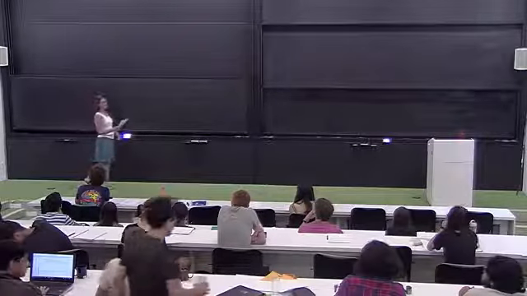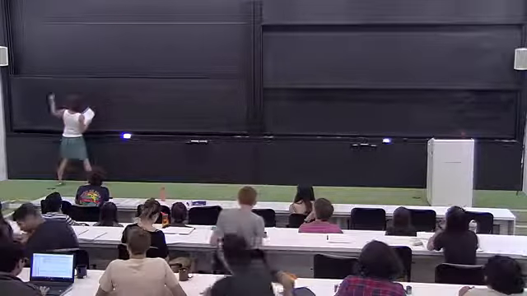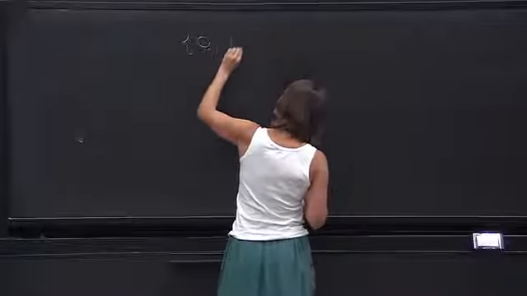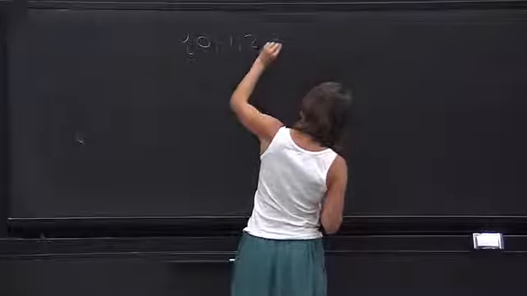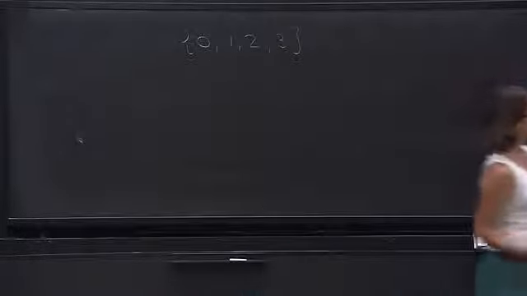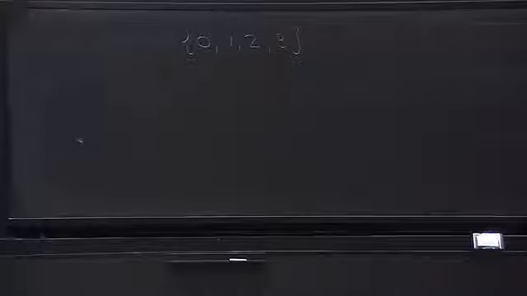I just want to start with 2 sets of numbers and play a bit with these 2 sets of numbers. So I'm going to start with this quite simple set of numbers. And let's write the second one here.